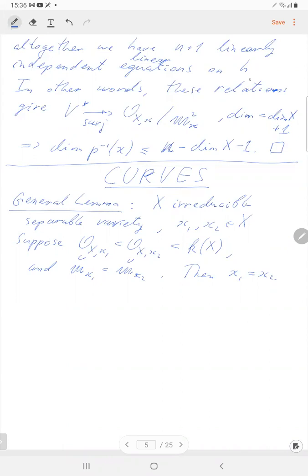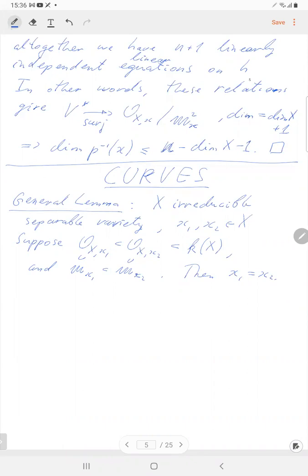Namely, I mentioned this construction many times. What I mean is that the isomorphism classes of smooth projective curves are the same as isomorphism classes of field extensions of our base field of transcendence degree 1.